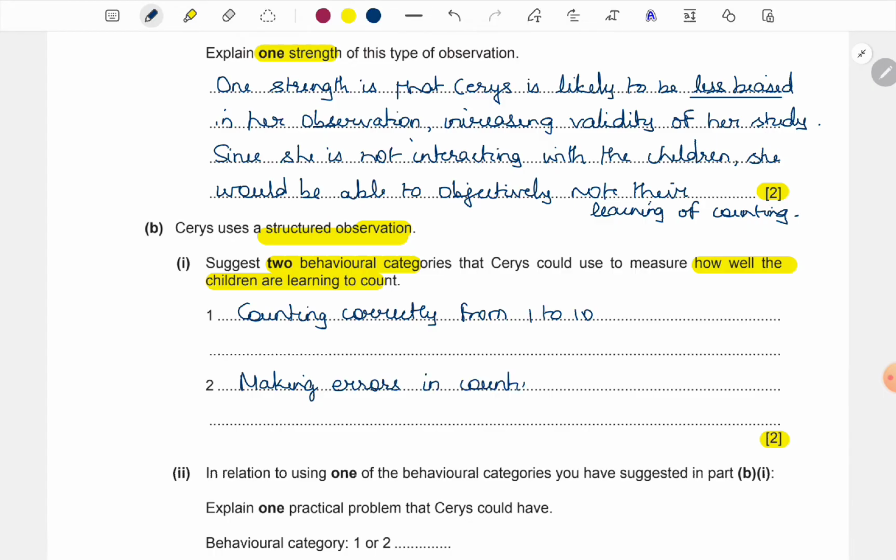Example, skipping some numbers. Like I said, categories are different and individual behaviors are different. So this is an example within the category, just to make it clear. In the first category I didn't give an example because that's very specific what I've written. So there's no need for an example like counting 1 to 2, 2 to 3, like that. I don't need to go into the details.